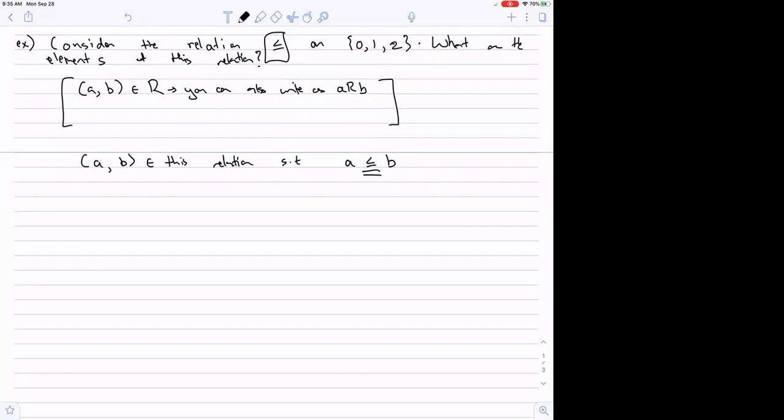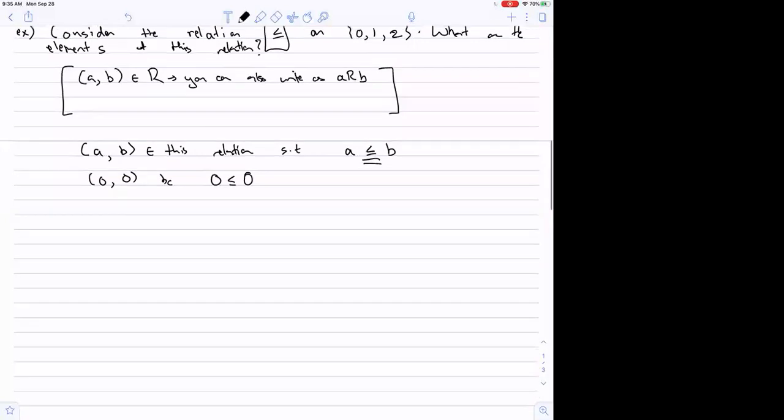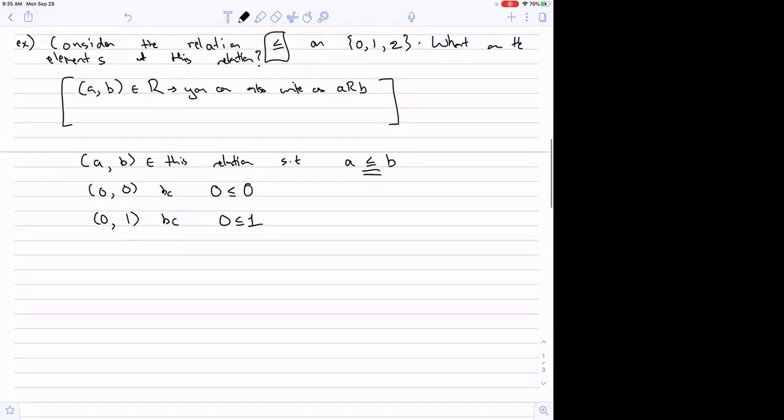One element, for example, would be 0, 0, because 0 is less than or equal to 0. Another one would be 0, 1, because 0 is less than or equal to 1. Can anyone give me the other elements of this relation?